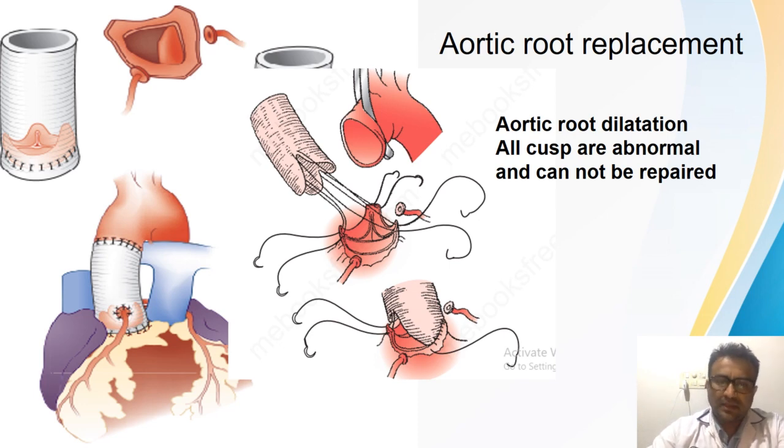Once the valve conduit is housed on the aortic annulus, the sutures are tied, and then with the help of graft cautery, a perforation is made in the graft at the proposed and desired site of coronary insertion, and the coronaries are implanted on the graft.